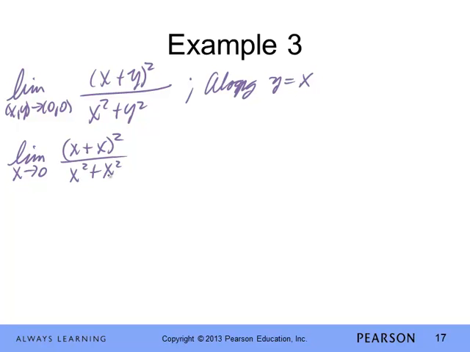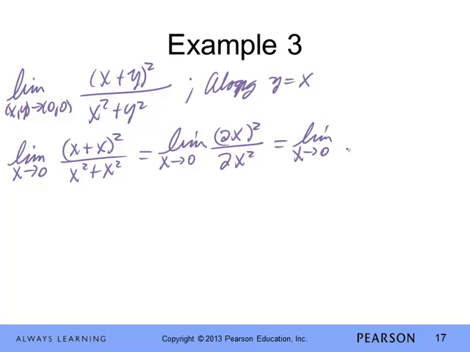Everybody see what I'm doing here? So what will this do for us? We'll have 2x squared over 2x squared. So then we'll have a limit as x approaches 0 of 4x squared over 2x squared.